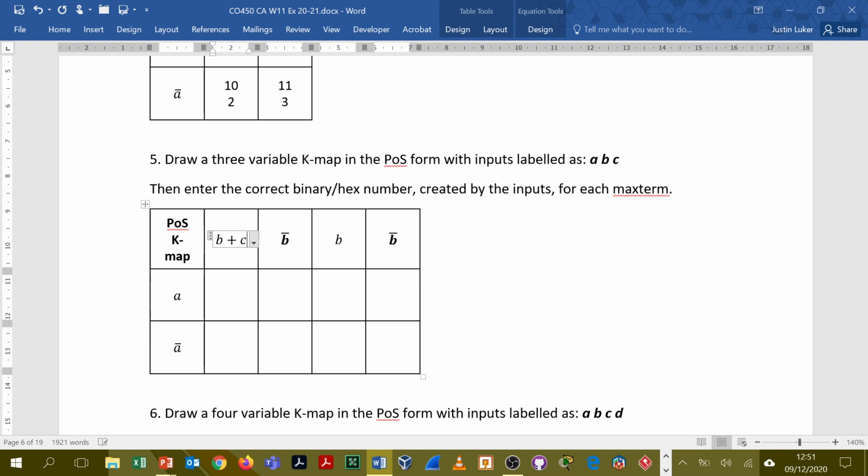So, or C. And then with this one, remember we changed the, it's right, left. Oops, that's not doing what I want. There we go.